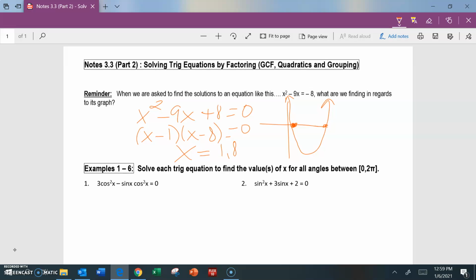I know that's a really rough sketch, but we could put it in our calculator. What you're finding are the x-intercepts of the graph. And remember, another word for x-intercepts is the zeros, or what we call the roots of the equation.